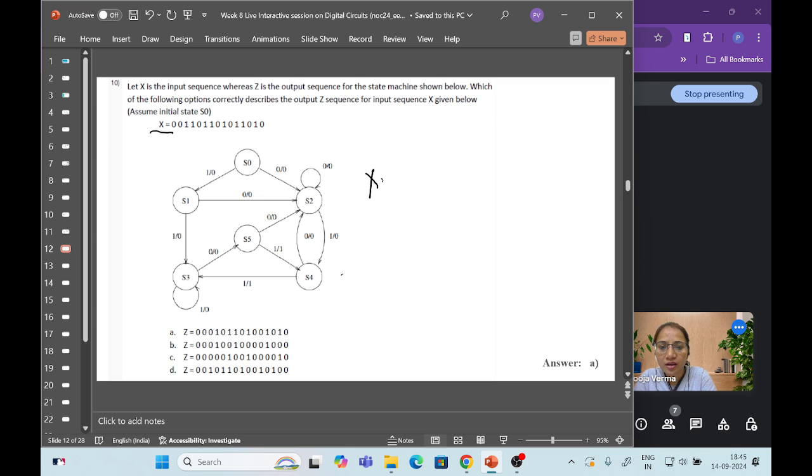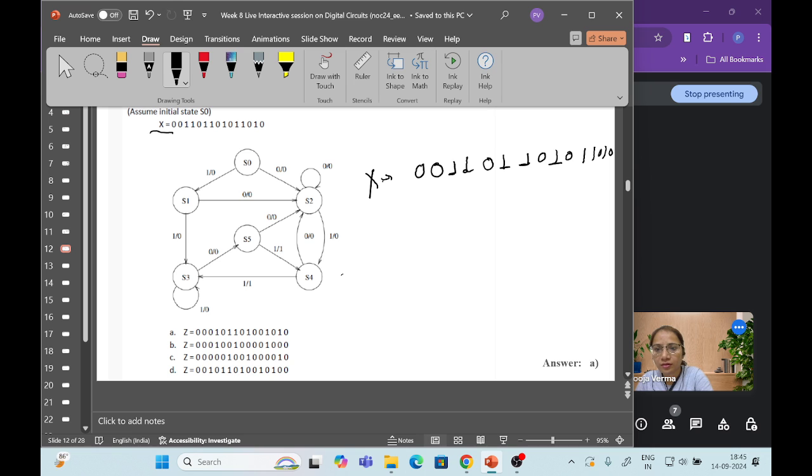So here the input sequence is given, that is 0 0 1 1 0 1 1 0 1 0 1 1 0 1 0. I have left it with the shortest, so I will write it again, just a minute.